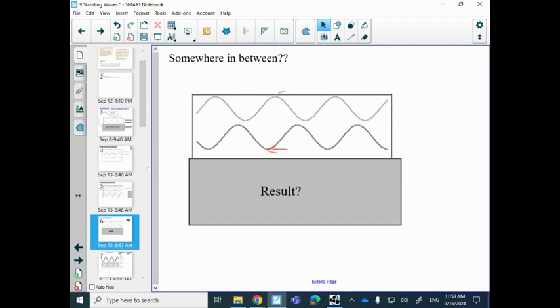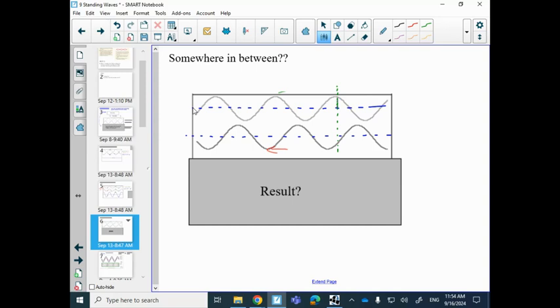Somewhere in between. If we look here, we have somewhere in between. Let's put the center on here. Here doesn't show up sometimes. Screenshot of that, apparently. So let's just pick a spot. Let's go with the peak right there, combining with that.